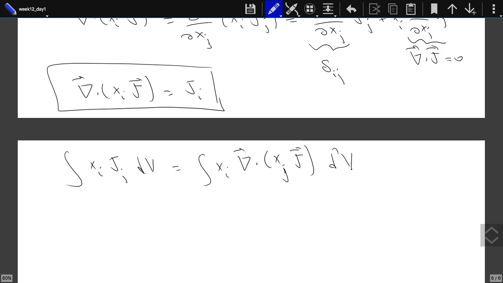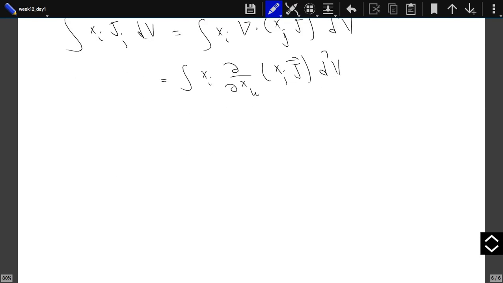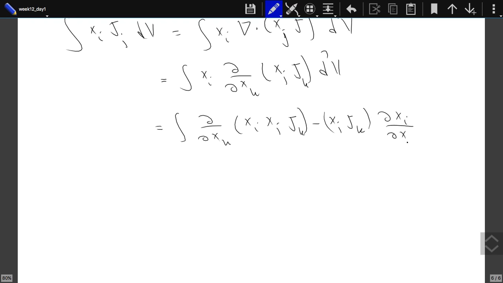Now I will do an integration by parts. Okay, so let me write it in this form: x_i del over del x_k of x_j j_k d cubed v. This is equal to del over del x_k of x_i x_j j_k minus x_j j_k, derivative of x_i with respect to x_k, d cubed v.